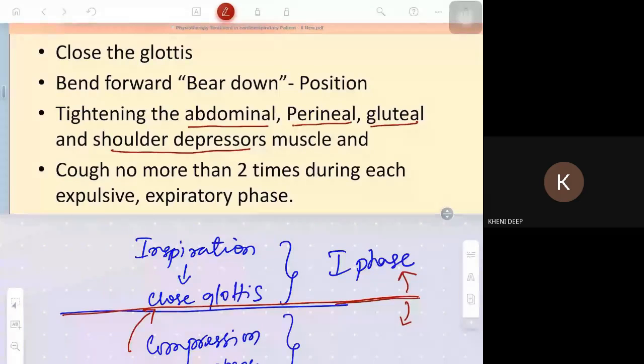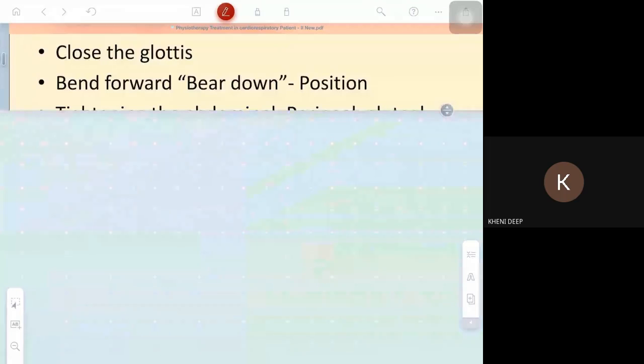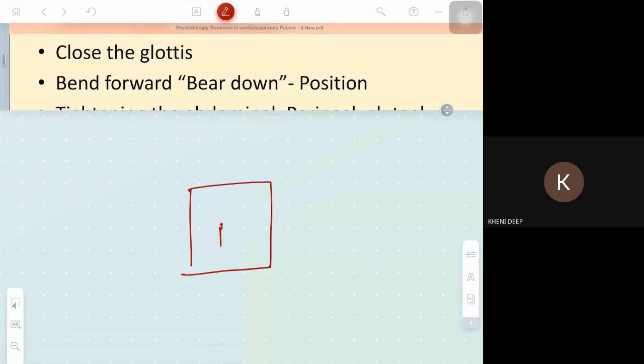So what will happen when the patient is contracting? Gradually the pressure within the abdomen is increased. This is thorax, this is abdomen.